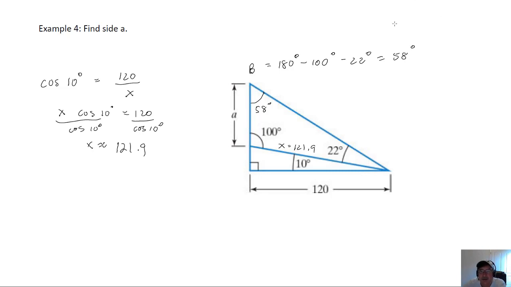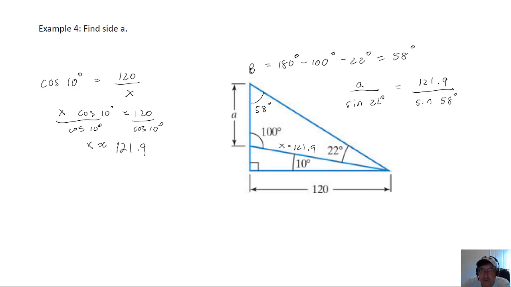Now we can use the law of sines if we're sharp here to get this side by saying A over the sine of the angle opposite A, which is 22 degrees, equals X, which is 121.9, which we found as that hypotenuse in this right triangle, over the sine of 58 degrees.